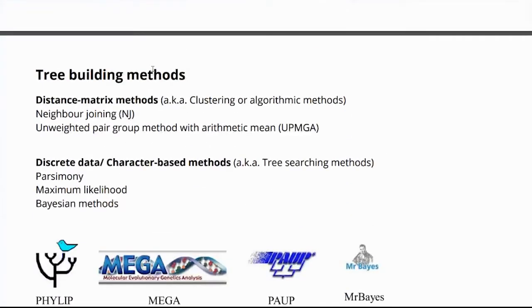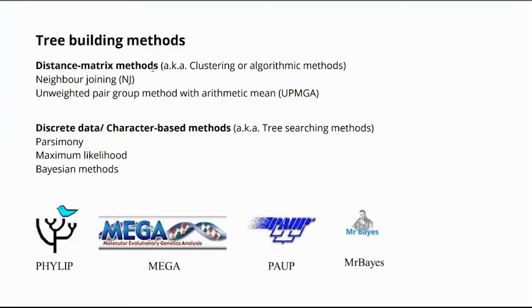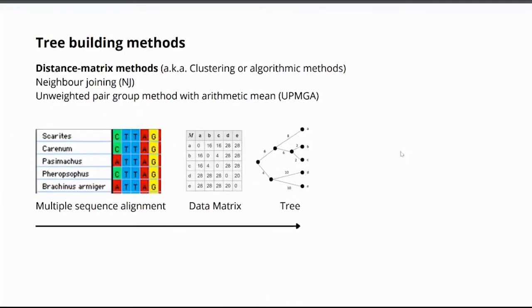That data matrix is used for the construction of the phylogenetic tree. For example, in neighbor joining, a multiple sequence alignment is first converted into a data matrix. That data matrix is used for the tree construction.